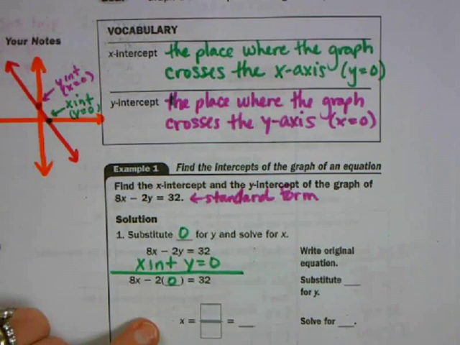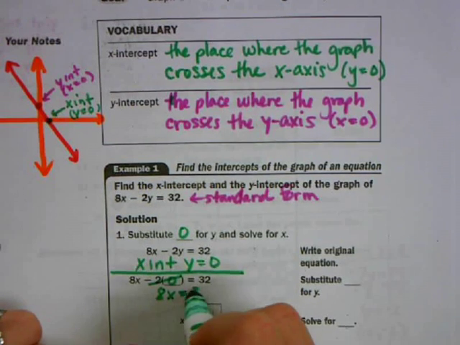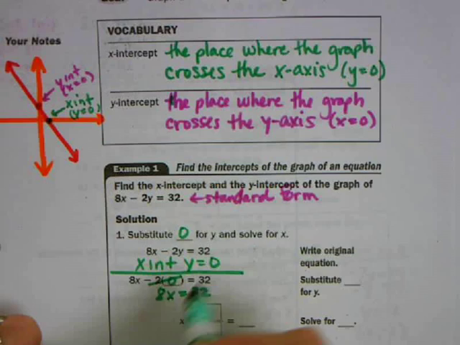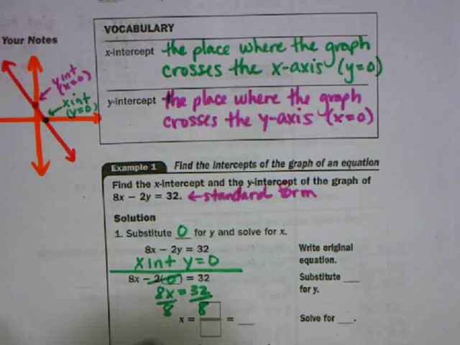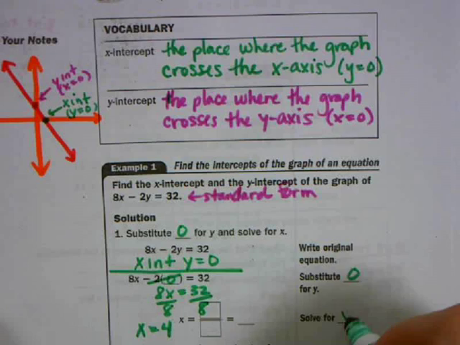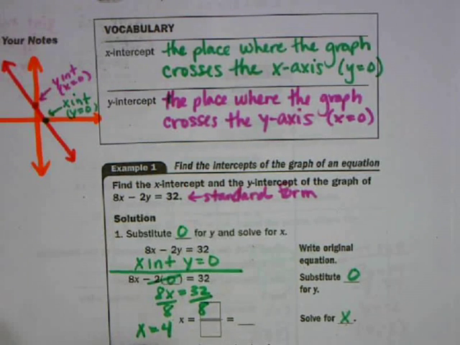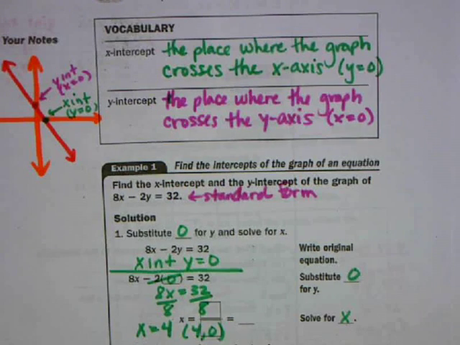Anything times 0 is 0, so what I'm left with is just 8x equals 32. Then you can divide both sides by 8, and x equals 4. So we substituted 0 for y and solved for x, and x was 4. That's the x-coordinate, and the y-coordinate is 0, so this would be at (4, 0) on my graph.